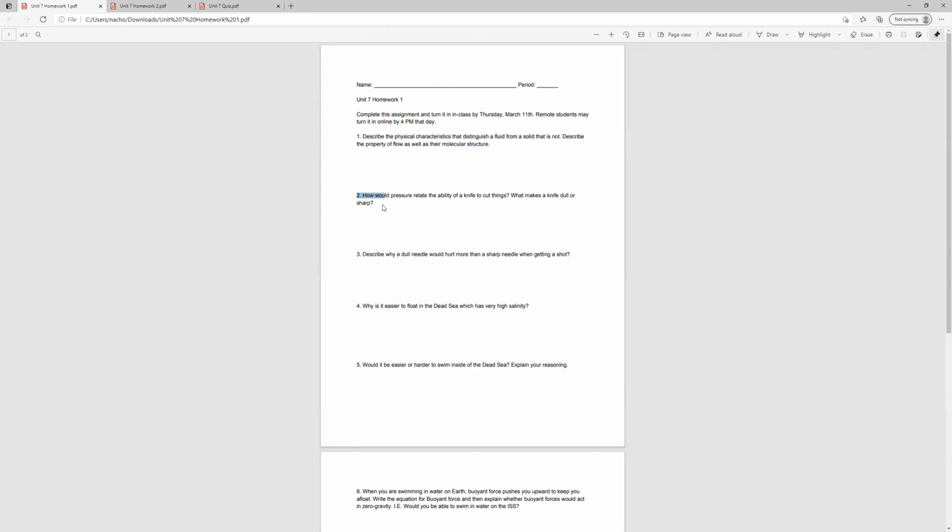And number 2: how would pressure relate to the ability of a knife to cut things? Essentially, this goes back to Pascal's equation, which is P equals F divided by A. The importance of Pascal's equation is that it's a relationship between force and area. So what makes a knife dull or sharp, and how does pressure relate to that ability?